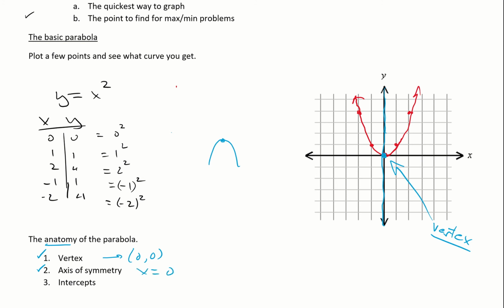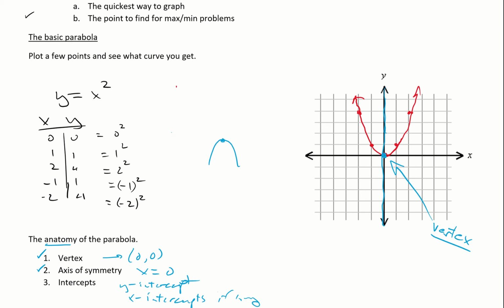Okay, and then the other parts are like the intercepts. That's basically stuff you already know, like the y-intercept, the x-intercepts, if any. And in this picture, it's basically the same thing.